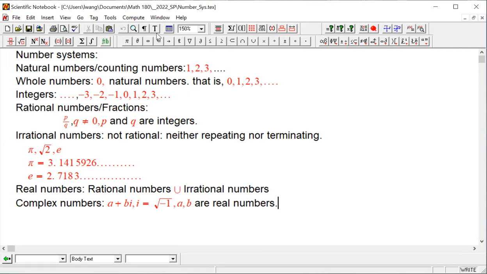We will be dealing with complex numbers a little bit, but primarily we'll be dealing with real numbers. So it's important for us to understand what real numbers are, what complex numbers are, and how each of these numbers are defined and their categories.